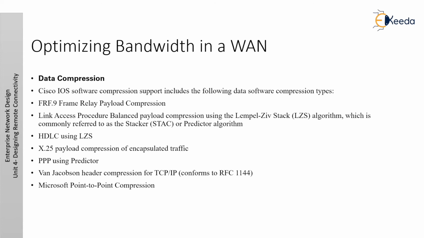Compression can be of an entire packet, of the header only, or of the payload only. Payload compression is performed on the layer 2 frame's payload and therefore compresses the entire layer 3 packet. So if we compress the data at layer 2, we have compressed a lot more.